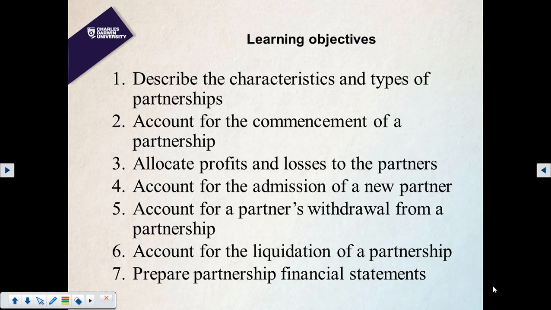Let's see, the objectives for today's class are basically the characteristics and types of partnership. For the accounting that we have studied, mainly it was around the proprietorship business only, the single owner, not so much complication.